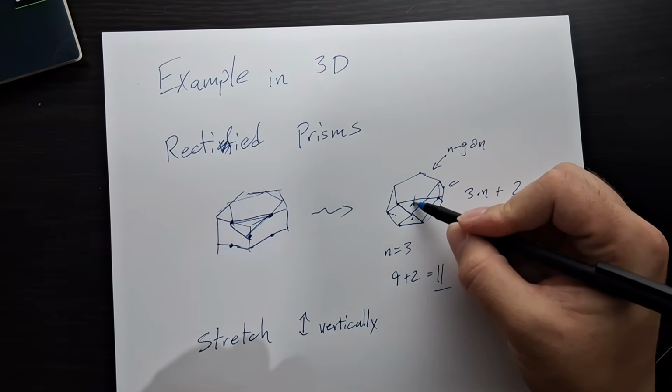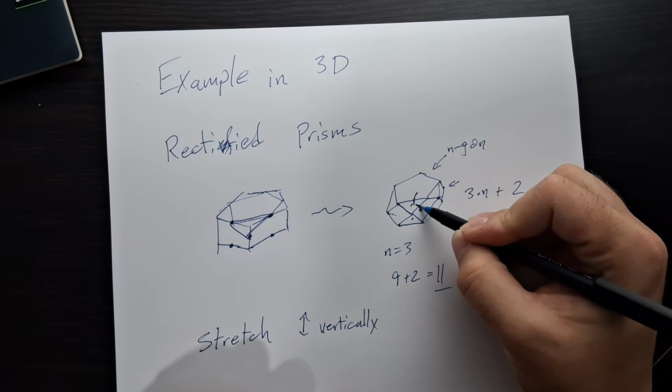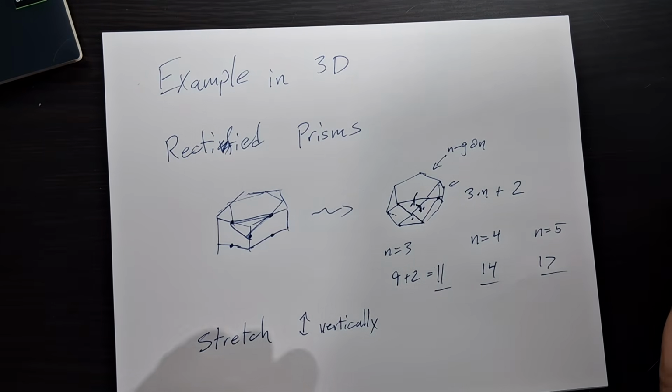We're only dealing with like this edge, an angle there, and we're dealing with an angle here. And then everything else is symmetric to those. Every other edge is symmetric to one of those two.